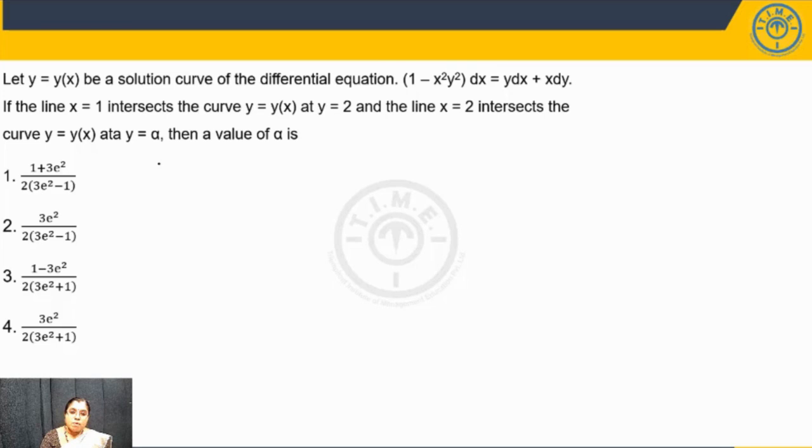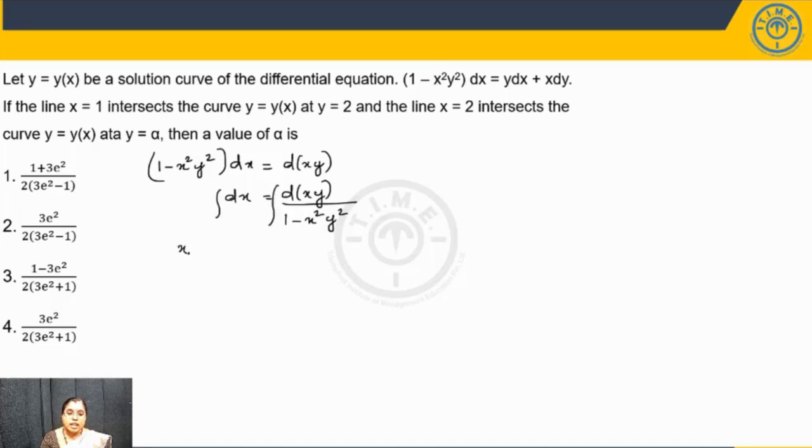So (1 minus x square y square) dx is equal to, look at this, y into differential of x plus x into differential of y, which is nothing but differential of xy, right? So let's rearrange, we'll get dx is equal to differential of xy divided by 1 minus x square y square.